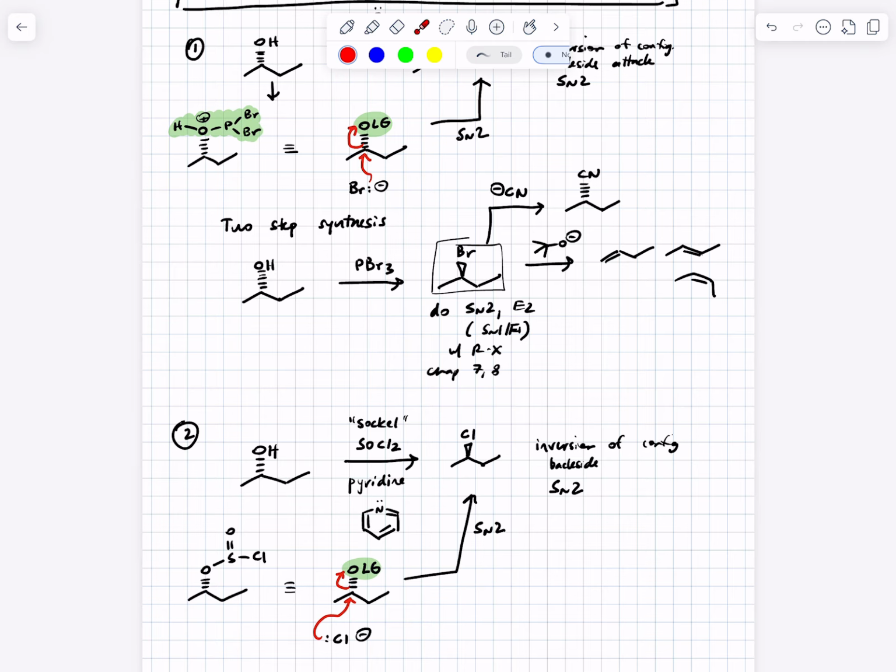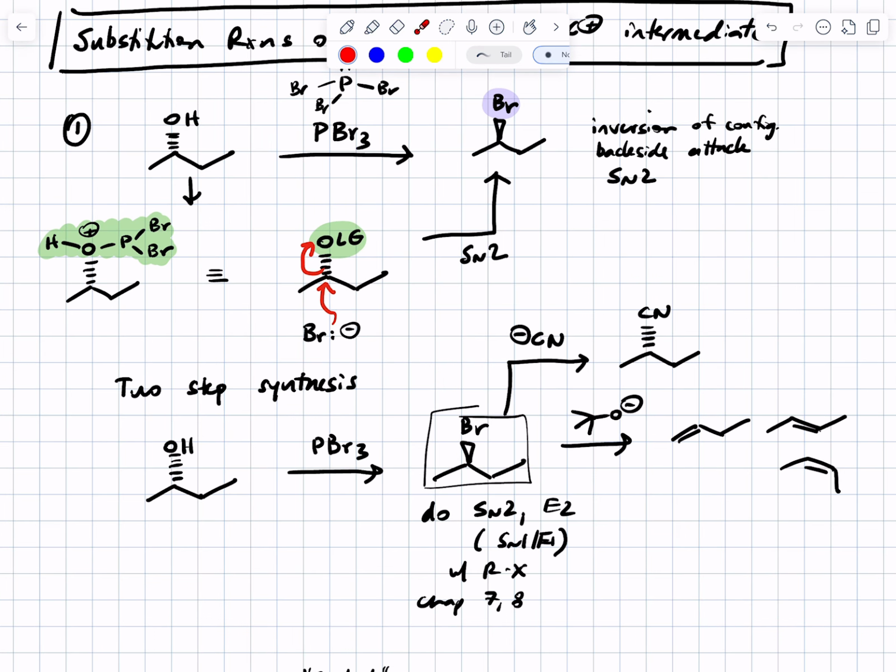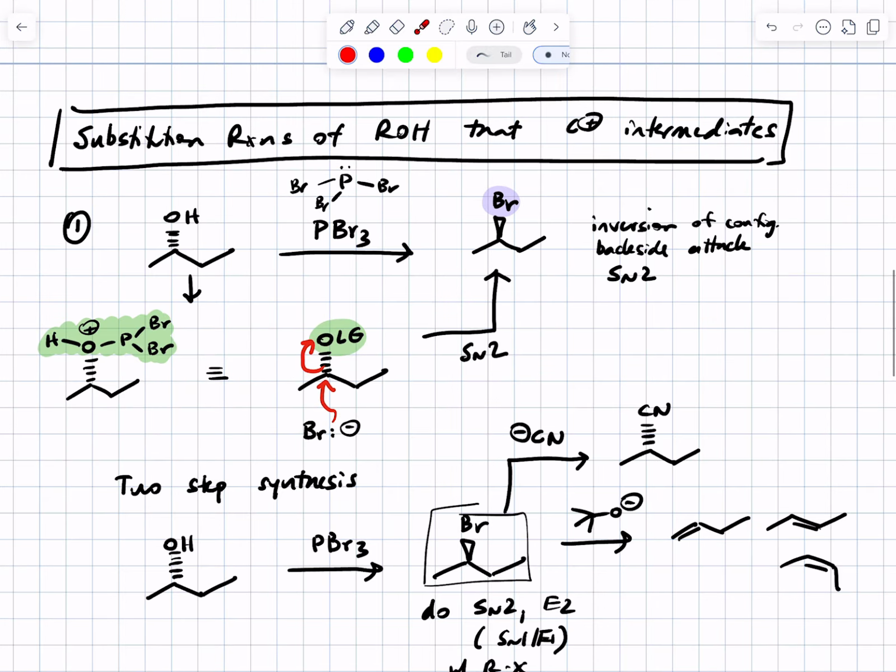Because these, go ahead. I was just going to ask, what is it again that makes it a good leaving group? Is it just whatever is attacking? So the reagent, PBr3 or SOCl2, is the thing that converts OH into the good leaving group. And what is it about those reagents that makes it? Yeah, what is it about those reagents?